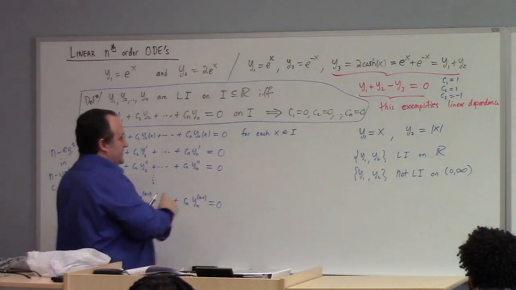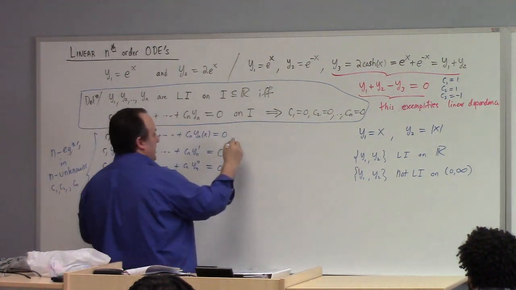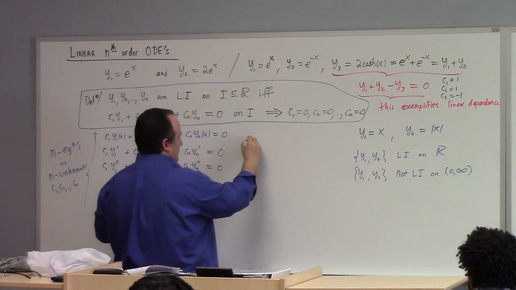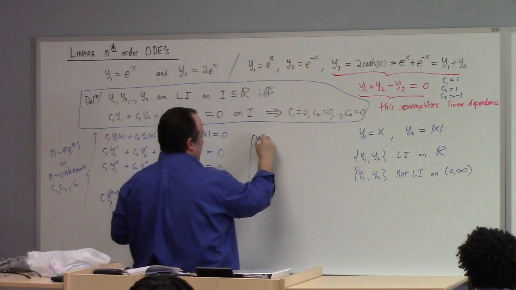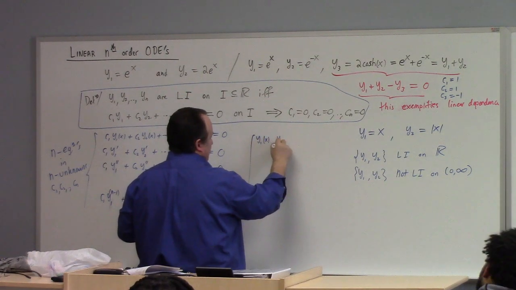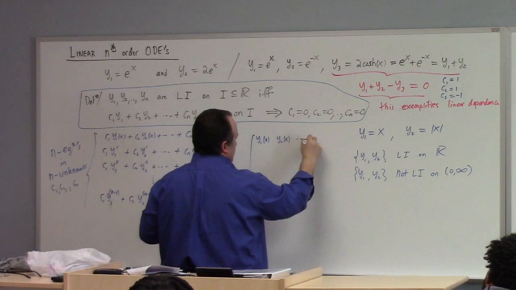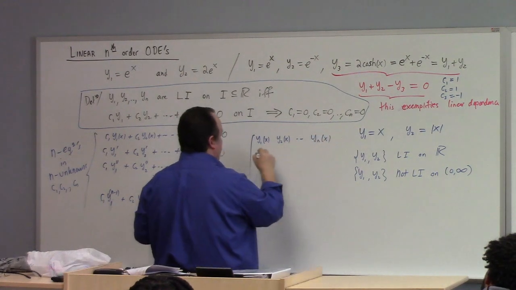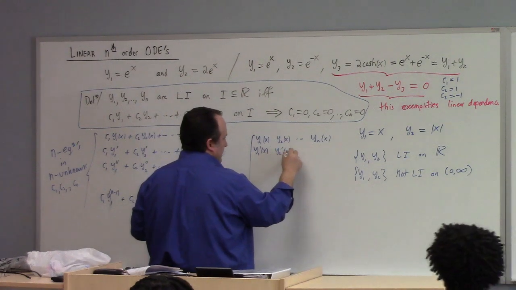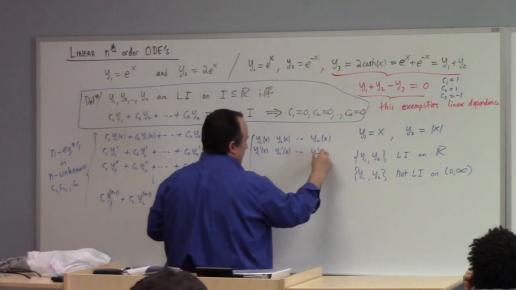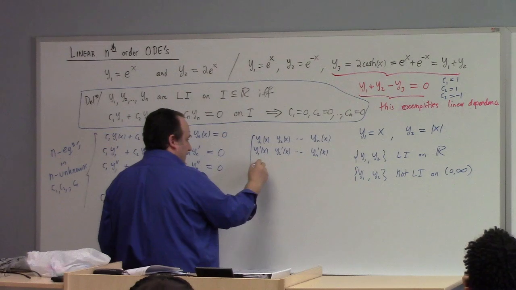If you take this and rewrite it as a matrix equation, we've got y1 of x, y2 of x, through yn of x, then the second row, y1 prime of x, y2 prime of x, through yn prime of x, and this goes on.